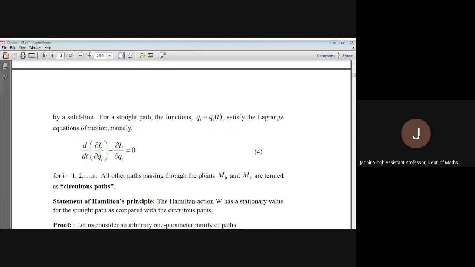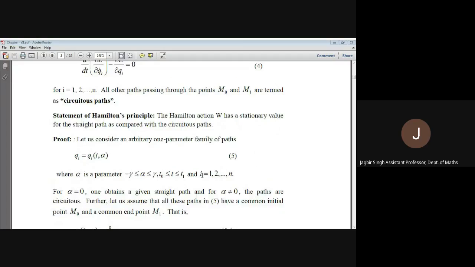And now we have the Hamilton principle. It states that the Hamilton action W will have a stationary value for a straight path. Stationary value means its variation will be 0; there is no variation in the Hamilton action along a straight line path.